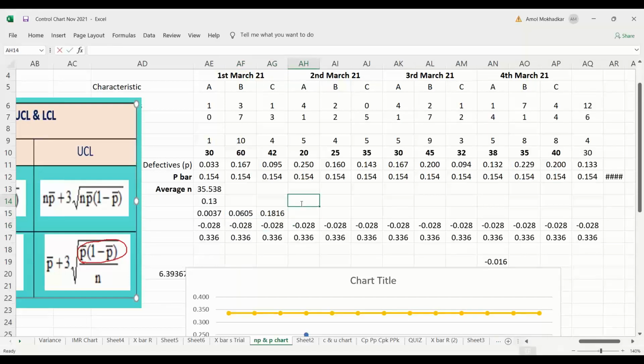To calculate the LCL and UCL: for the LCL, take the P bar value minus this value, and for the UCL, add this value to the P bar value. So 0.336 is your UCL and 0.02 is your LCL.